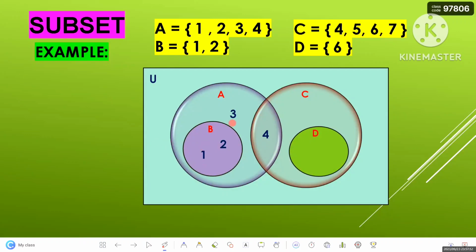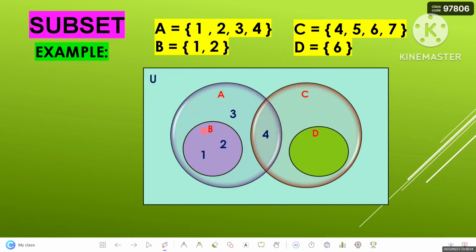And what about this number 3? Since ang number 3 ay wala namang kapareho at ang number 3 is under the set A, ilalagay natin siya sa set A. So, check natin. Kung set A, ang laman niya ay 1, 2, 3, 4 kasi kabilang siya dito.